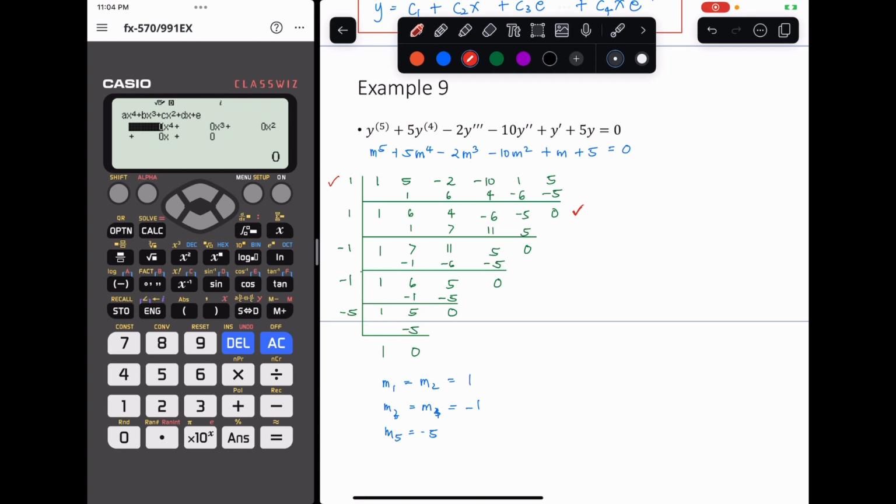So I'll start with 1. So this one is 1. And then I'll have 6. Then I have 4. And I'll have a -6. One, 6, 4, -6, and a -5.